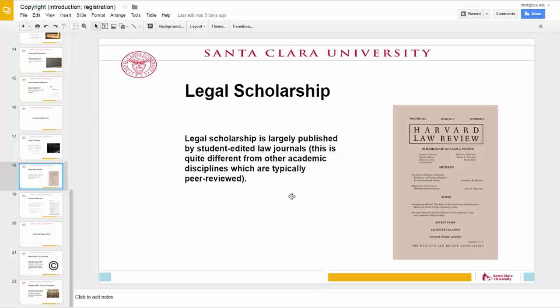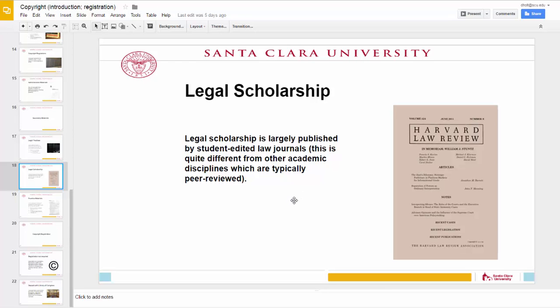Lots of legal scholarship is moving towards open access, so keep that in mind when looking at the cost associated with acquiring legal scholarship via Westlaw, Lexis, or Bloomberg. Much of that is going to be available for free via other sources.